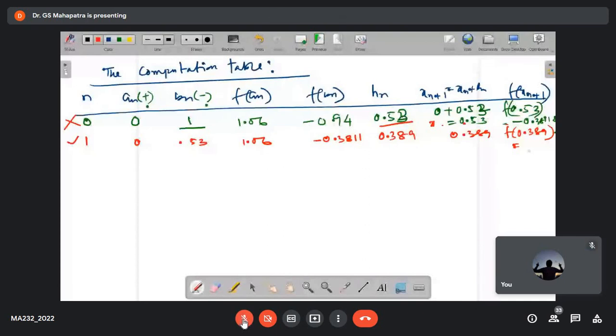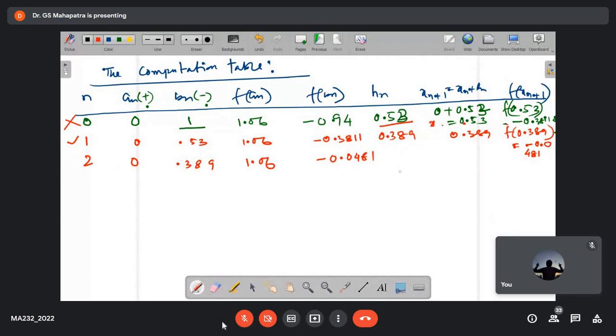Minus 0.481, correct? So iteration 2, here it is 0.481. So 0.389, it should be 1.06. This is minus 0.0481.